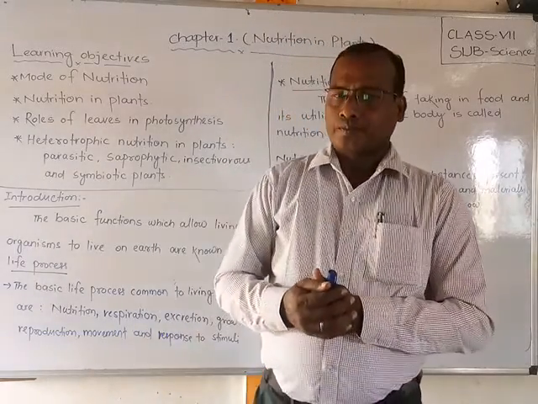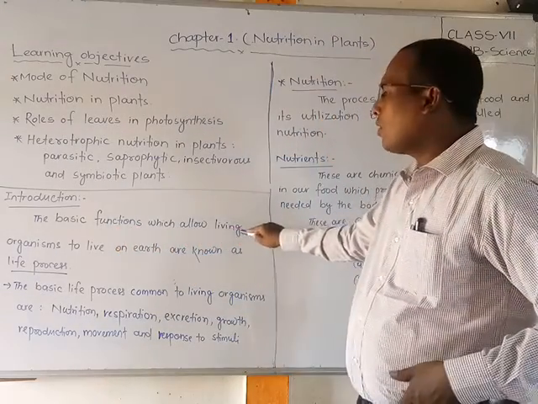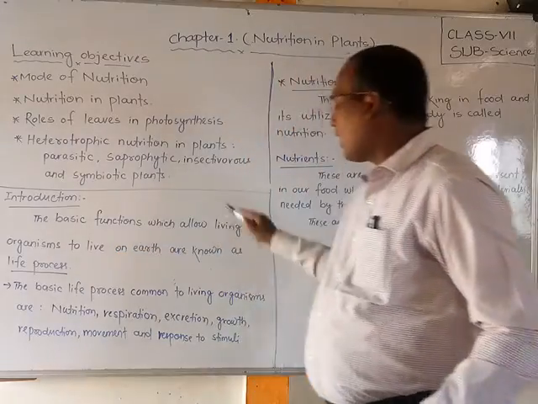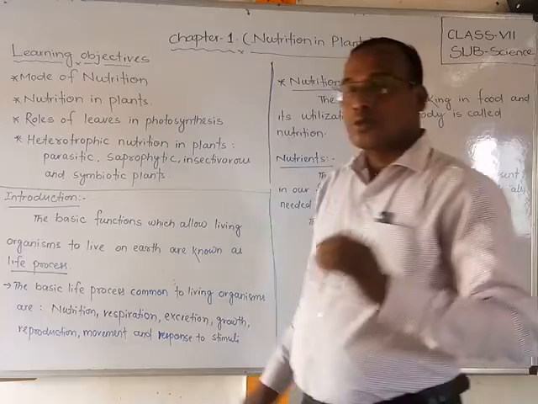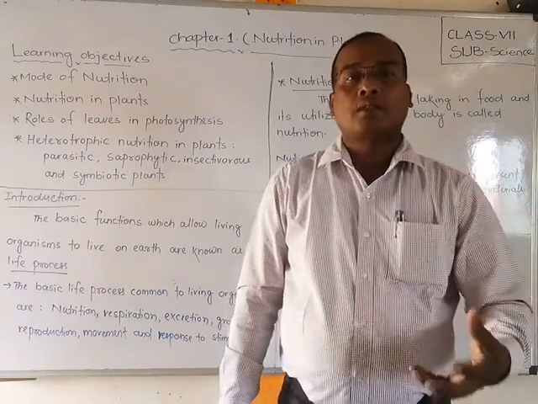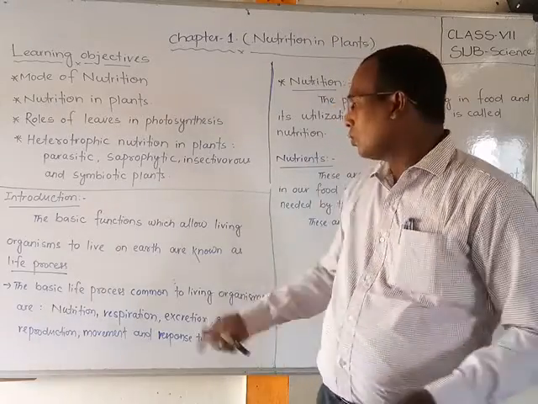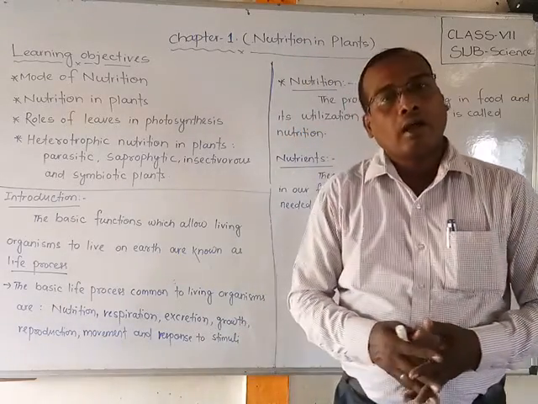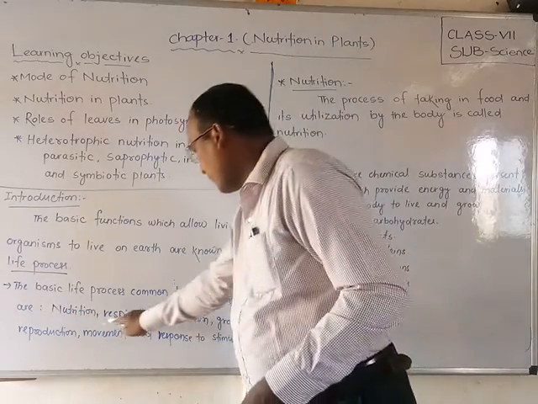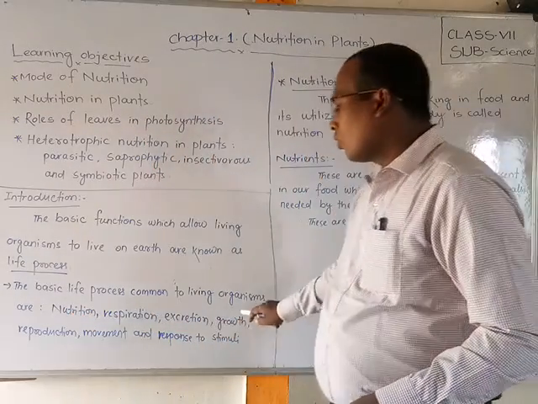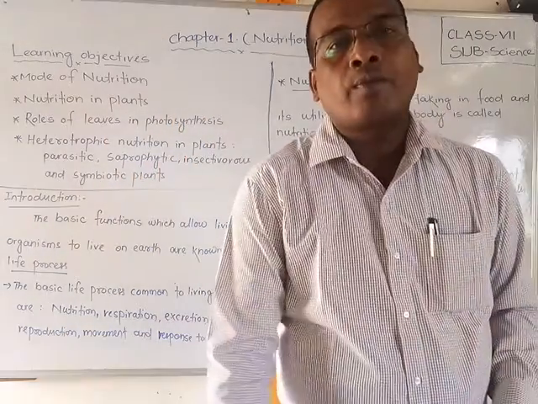The basic functions which allow living organisms to live on the earth, what are they? These are the functions that help living organisms to live on the earth. Generally they are nutrition, respiration, excretion, growth, reproduction, movement and response to stimuli.